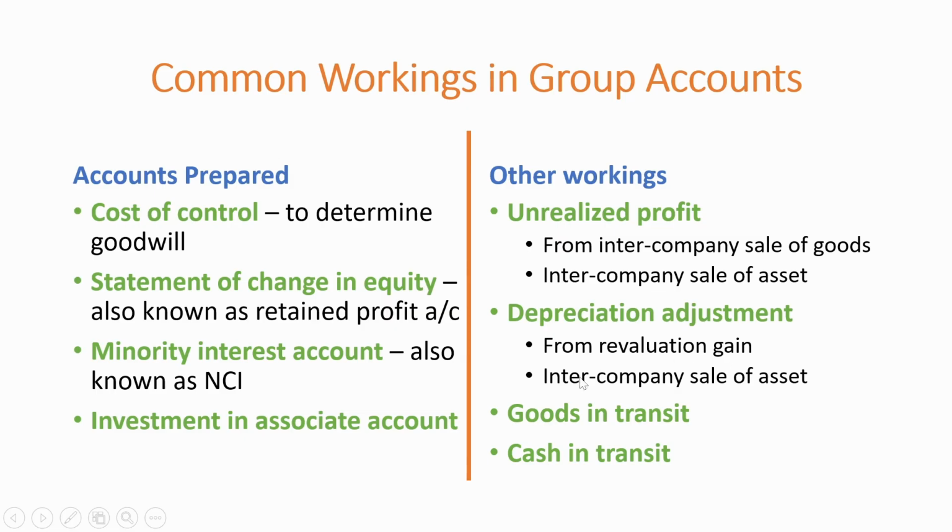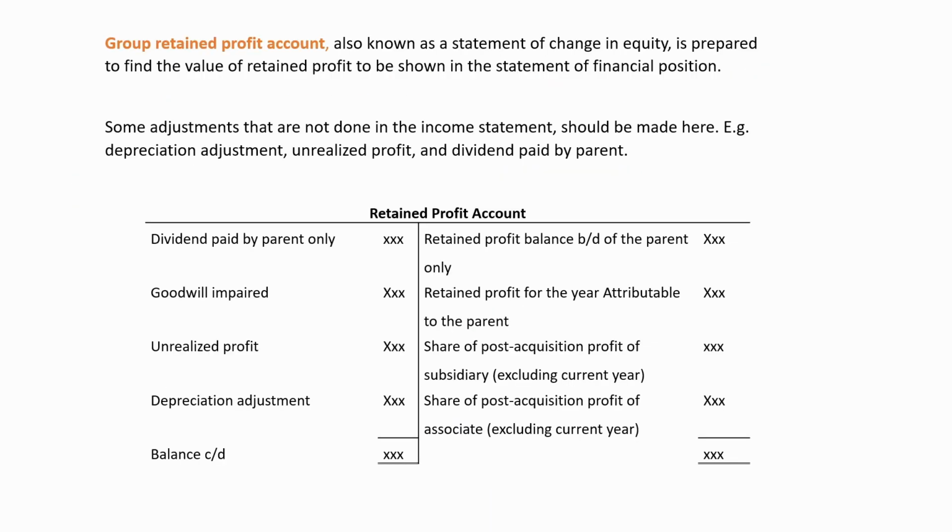It can also arise from intercompany sale of assets at a profit. You can also have goods in transit, cash in transit. These are some of the common workings you're going to come across in group accounts. So we want to see how to do each one of these workings.